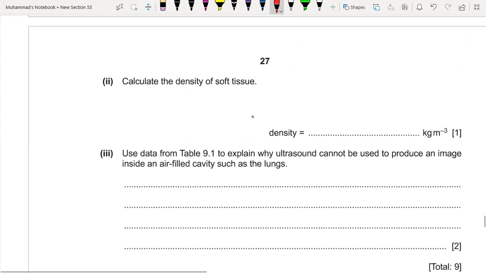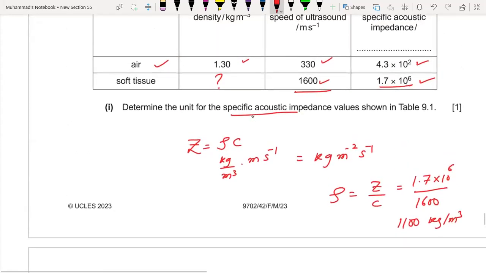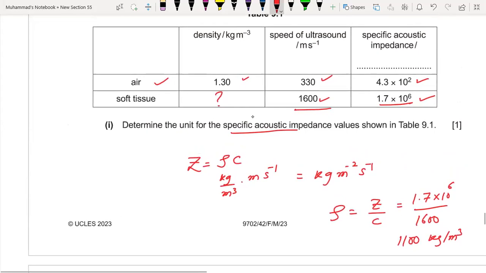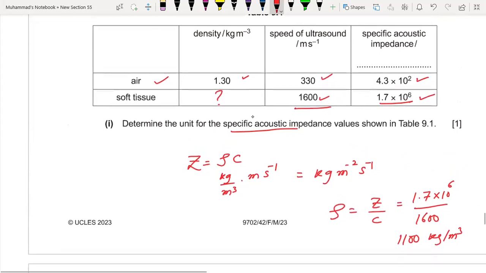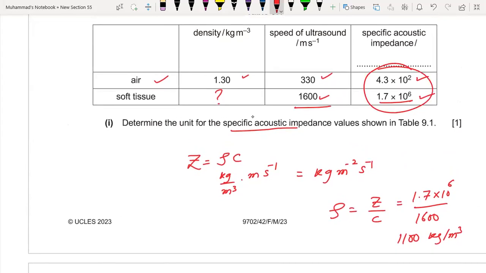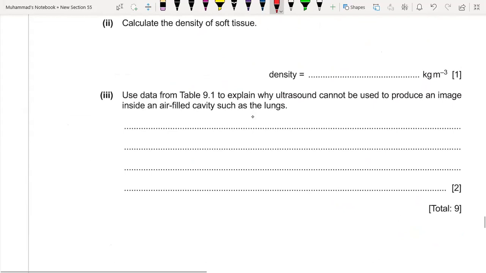Use data from the table to explain why ultrasound can't be used to produce an image inside an air-filled cavity such as the lungs. Okay, so we have to compare the specific acoustic impedances of air and soft tissue. You can see that there is a huge difference, and reflection coefficient is Z2 minus Z1 whole square over Z2 plus Z1 whole square.